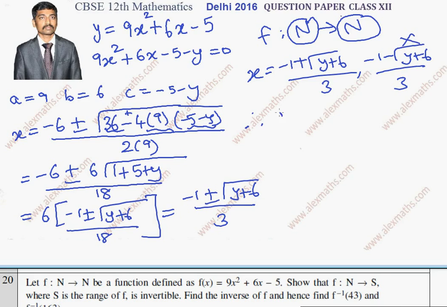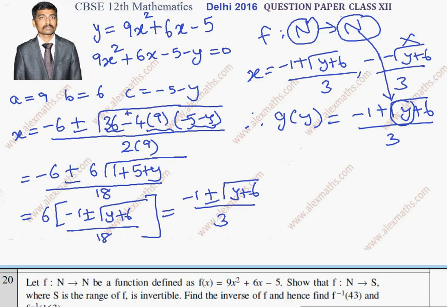Therefore, I will take this function g of y as minus 1 plus root y plus 6 by 3. So, for any value of y from the natural number, there exists a pre-image. So, I can say y belong to S, which is the range of the S.